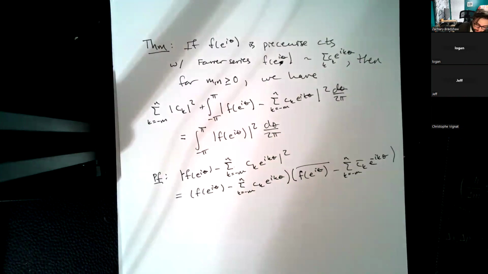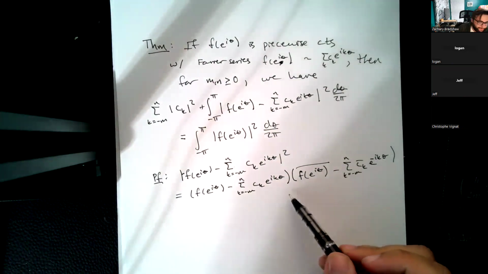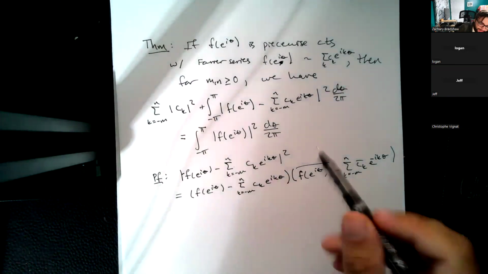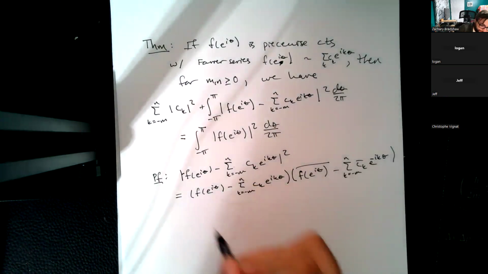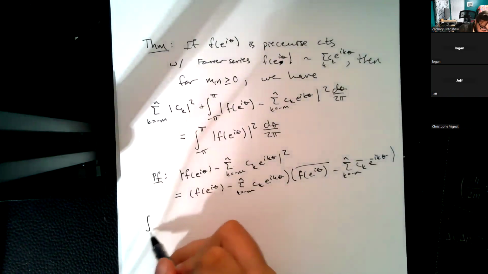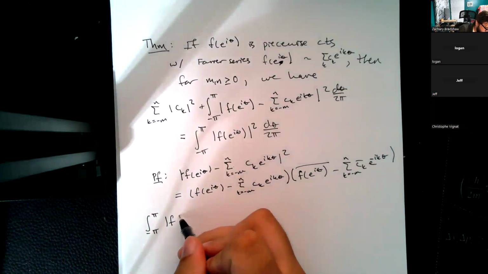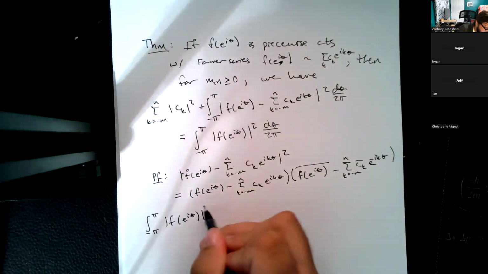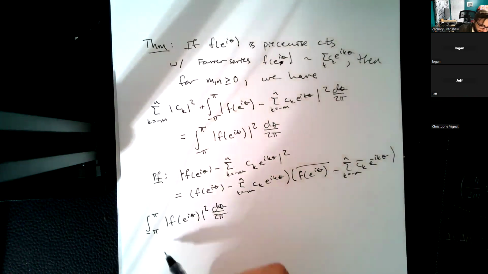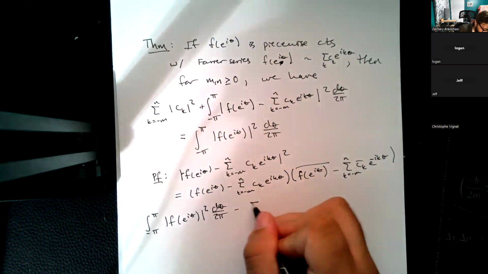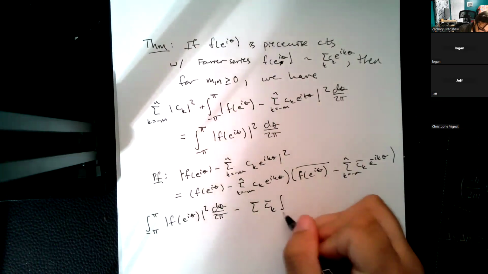Okay. So now we just multiply the product and integrate both sides from minus pi to pi. And what we find is that the right-hand side is given by the integral from minus pi to pi of the modulus of f of e to the i theta squared d theta over 2 pi. So that's this term times this term being integrated, minus the sum. I'm going to drop the indices for a second to save some time here.